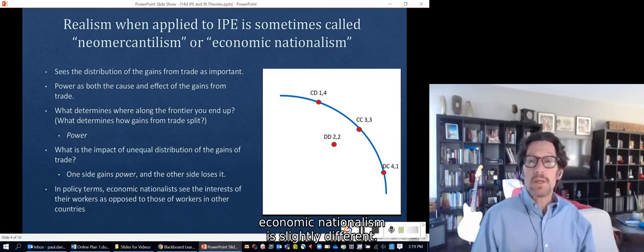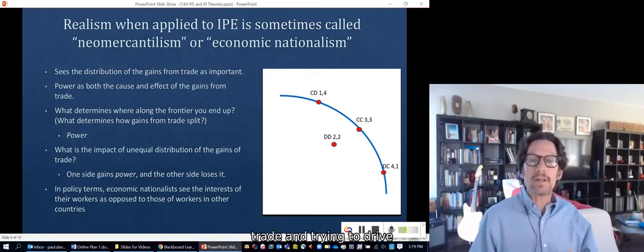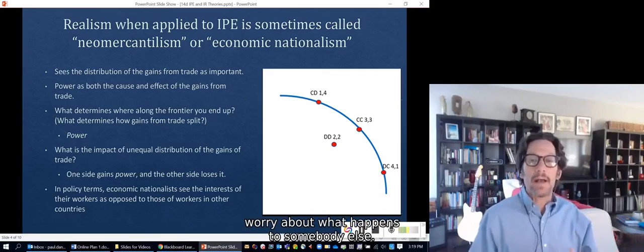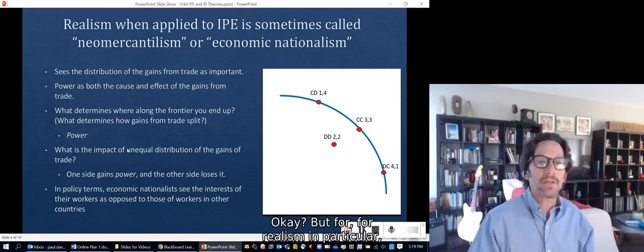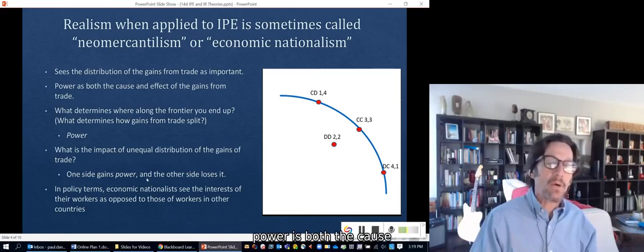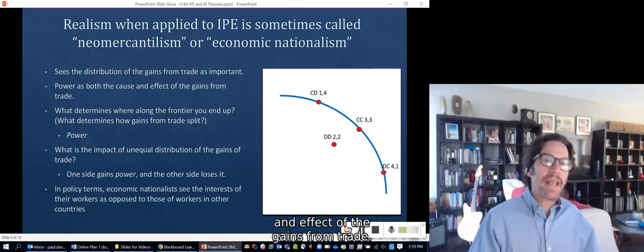Economic nationalism is slightly different. It's much more focused on this question of balance of trade and trying to drive up employment and wealth in one's country and not worry about what happens to somebody else. Okay, but for realism in particular, power is both the cause and an effect of the gains from trade.